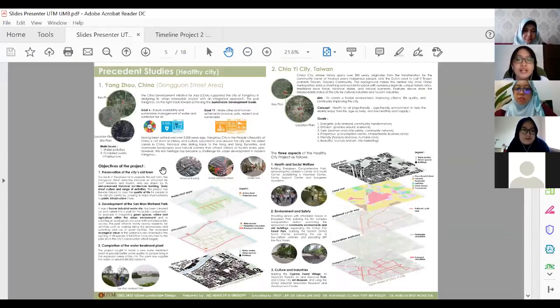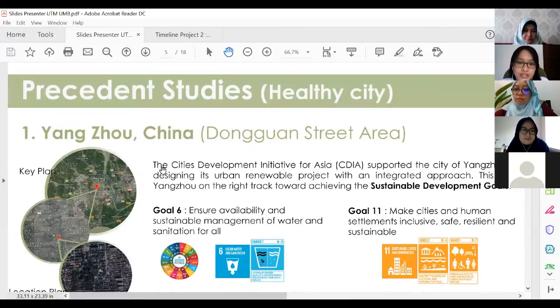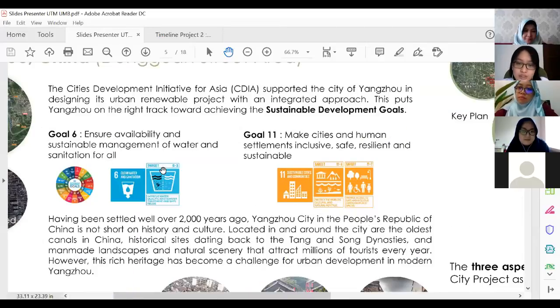This means the city created is inclusive, safe, resilient, and sustainable by creating a walkable city, as I stated just now, to make the community active, providing pedestrian and cycling routes.